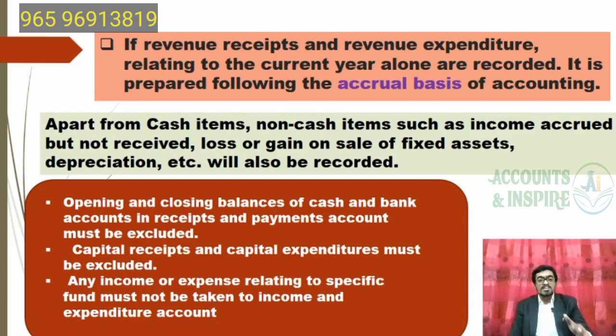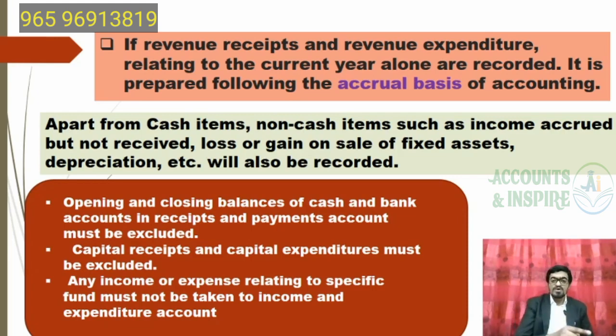In accrual basis, non-cash items are also considered in the income and expenditure account, but the important point is to record only current year information. Apart from cash items, non-cash items such as income accrued but not received, loss or gain on sale of fixed assets, depreciation, outstanding expenses and prepaid expenses are also recorded.